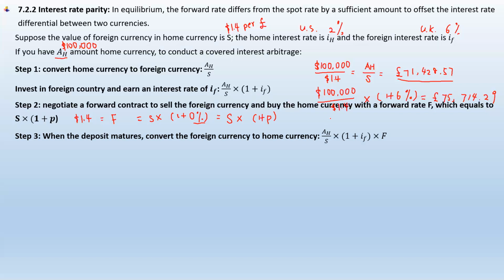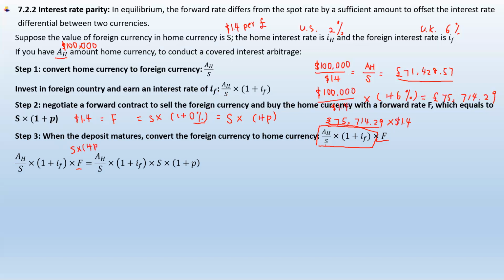So we basically use this 75,714.29 times the forward rate, which is 1.4. And this equals this formula. Again, we replace F with S times 1 plus the forward premium or discount, and we will find those two S will cancel out.